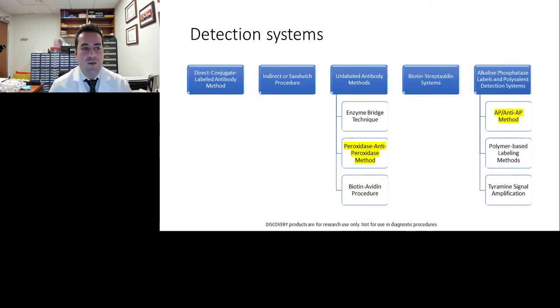There are a lot of detection systems: the direct conjugate labeled antibody method, the indirect or sandwich procedure, unlabeled antibody methods, avidin-streptavidin systems, alkaline phosphatase labels, and polyvalent detection systems. The most common ones we use are the peroxidase-antiperoxidase method and the AP anti-AP method.